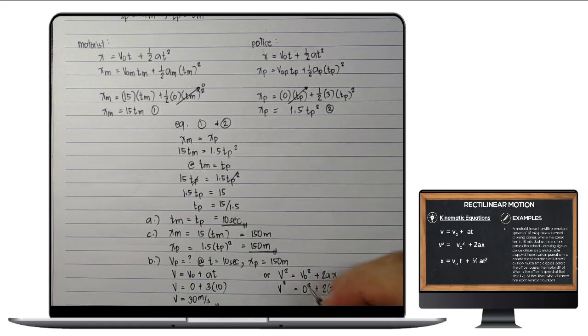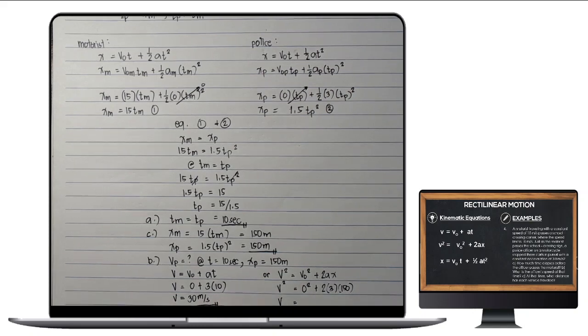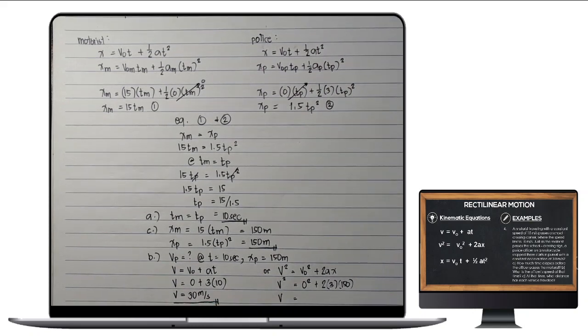So v is equal to the square root of this. If you want to find the value of v here, that is the square root of 2 times 3 times 150.